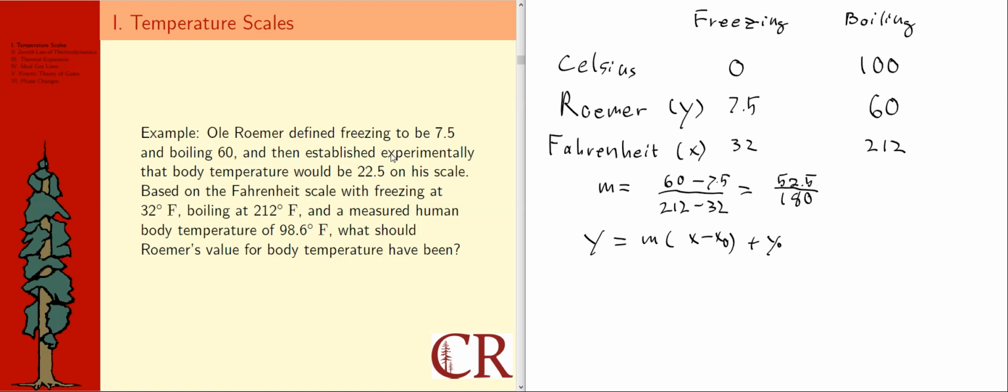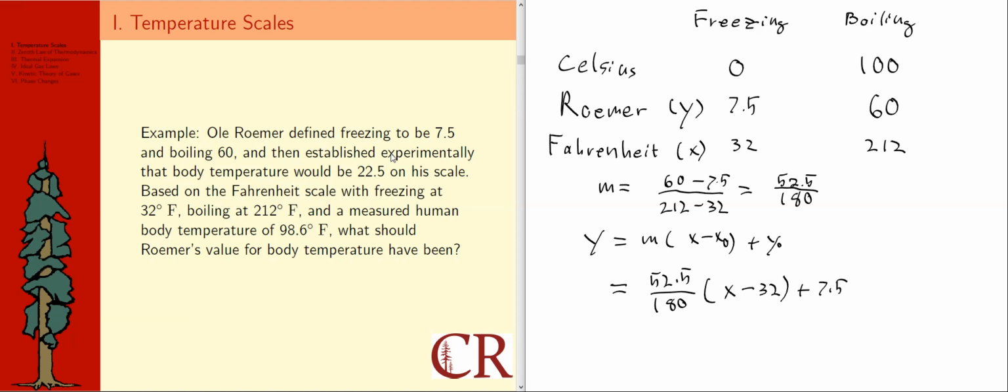So in this case, that would look like 52.5 over 180 times, and for the x naught and the y naught, I get to choose. I can look at these ordered pairs here and pick which one I'm going to use. I liked smaller numbers, so I'm going to go with that one. In this case, the x naught would correspond to this 32, since we're establishing the x variable as corresponding to Fahrenheit numbers, and then y naught will be the corresponding number in the Romer scale, so that'll be 7.5.